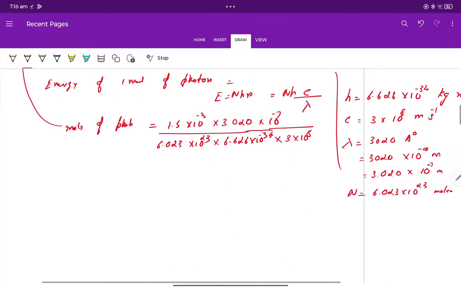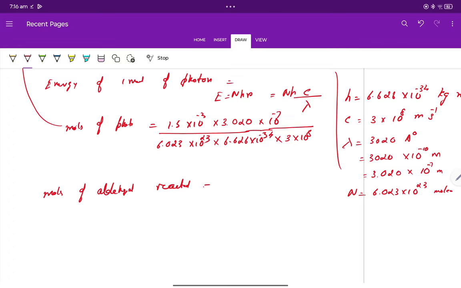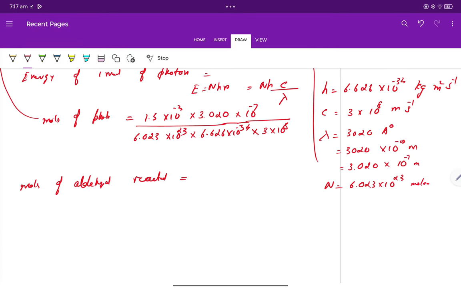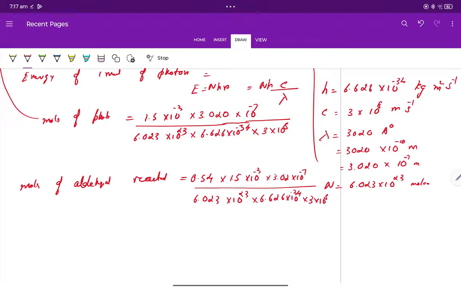So moles of aldehyde reacted will be equal to the quantum yield 0.54 into this lengthy expression: 1.5 into 10 to the power of minus 3 into 3.02 into 10 to the power of minus 7, divided by 6.023 into 10 to the power of 23 into 6.626 into 10 to the power of minus 34 into 3 into 10 to the power of 8.